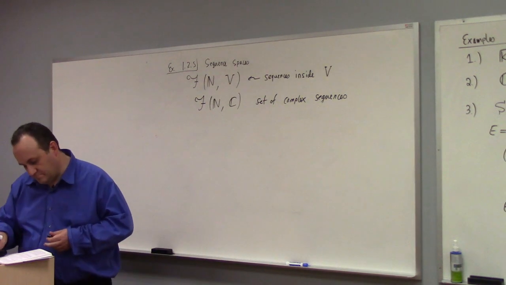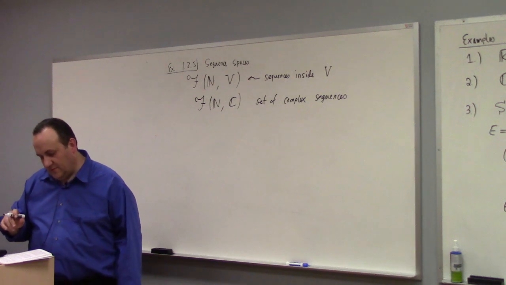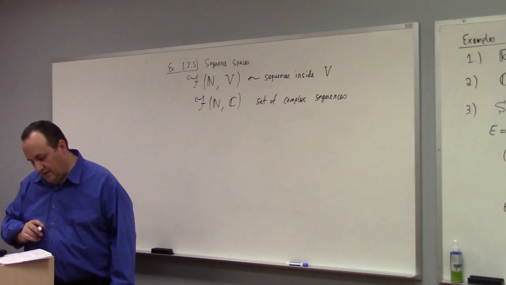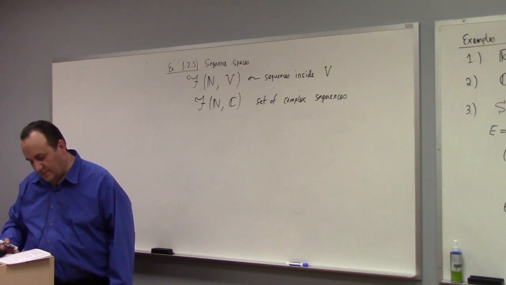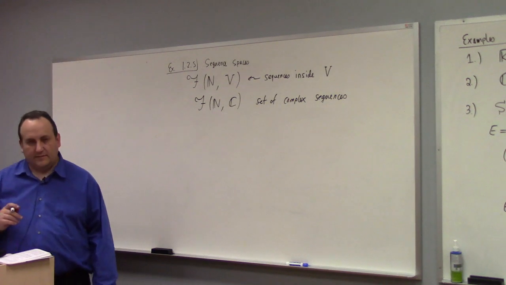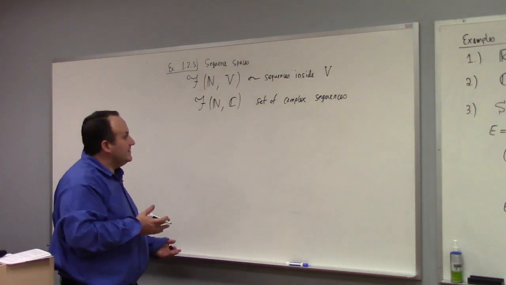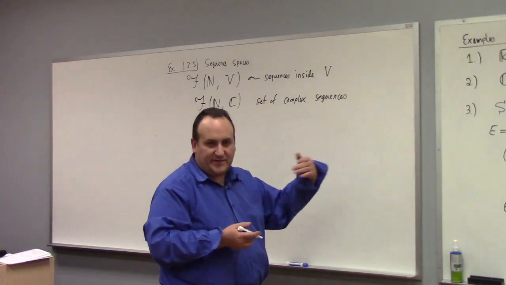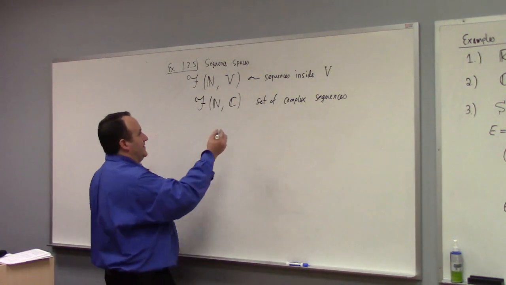And how do you add and scalar multiply? We already defined it back in example 3, but what does it look like in the sequence notation?